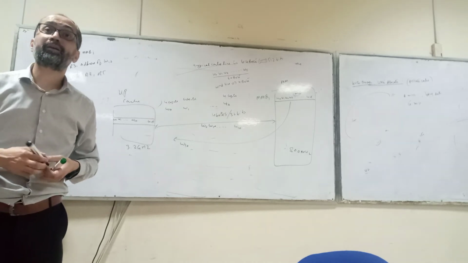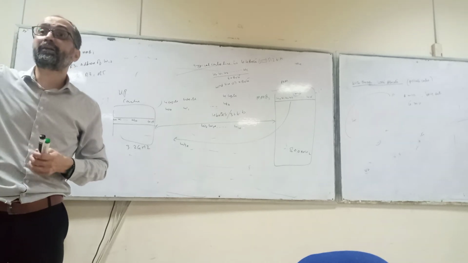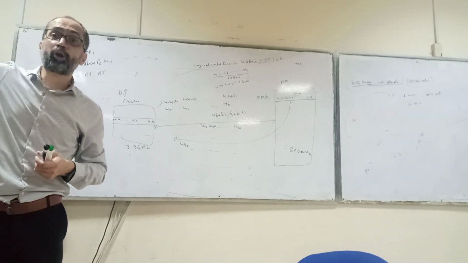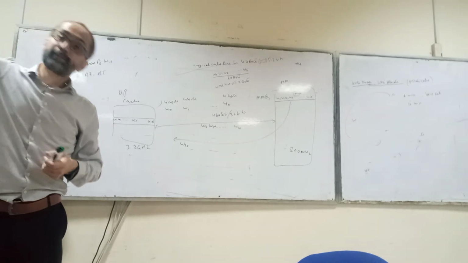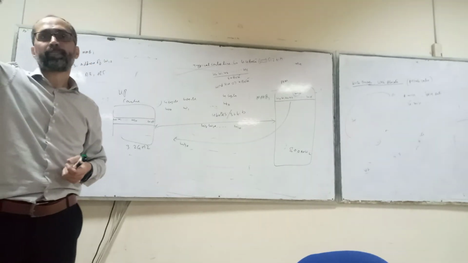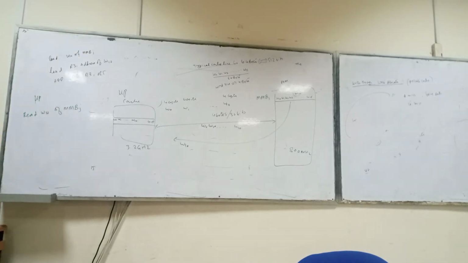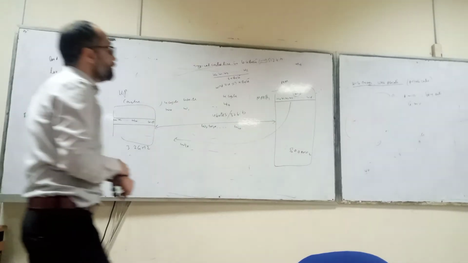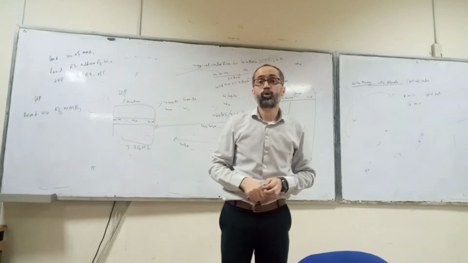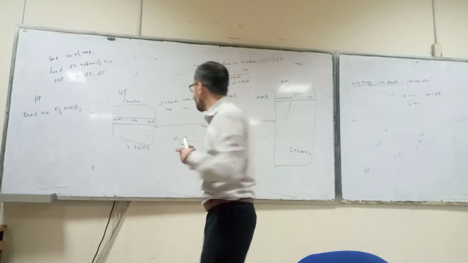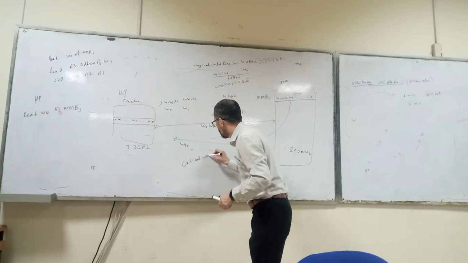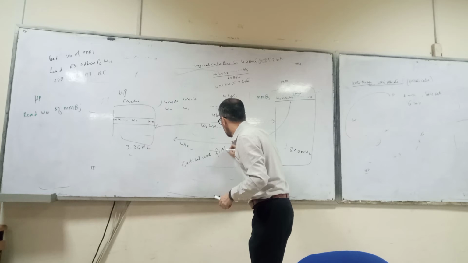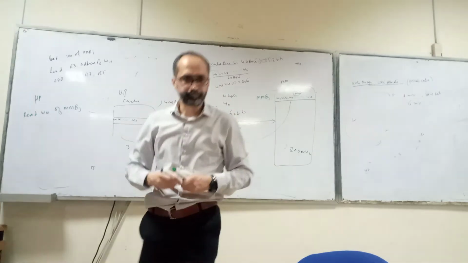Loop counter, loop variable is an example of temporal locality, and arrays are an example of spatial locality. So this concept is called read through, load through. It's also called critical word first.